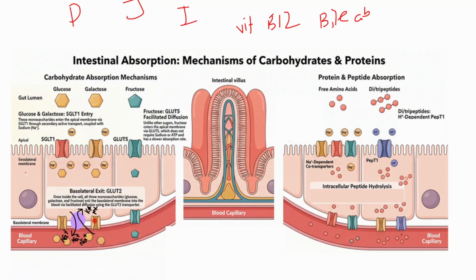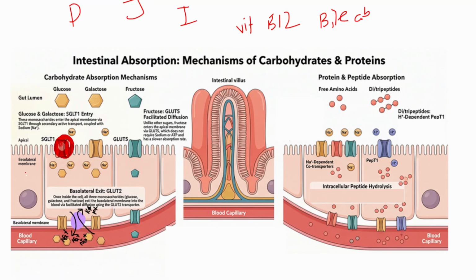Now that we have established this driving sodium gradient at the base of the wall, we can transition naturally to the apical membrane. This is the apical membrane, which faces the gut lumen, to see how carbohydrates exploit this energy. We position the specialized co-transporter SGLT1 on this apical border. When glucose and galactose arrive in the lumen, they bind to SGLT1.